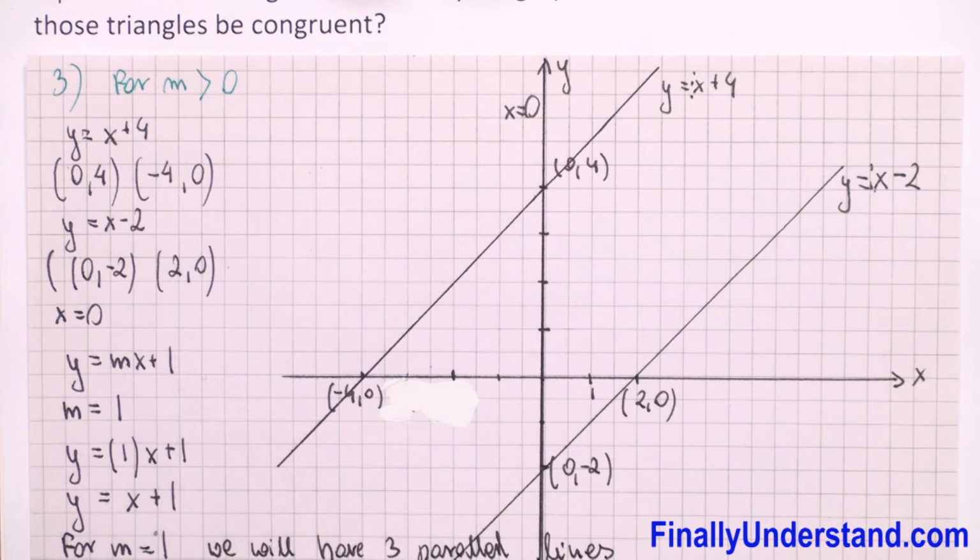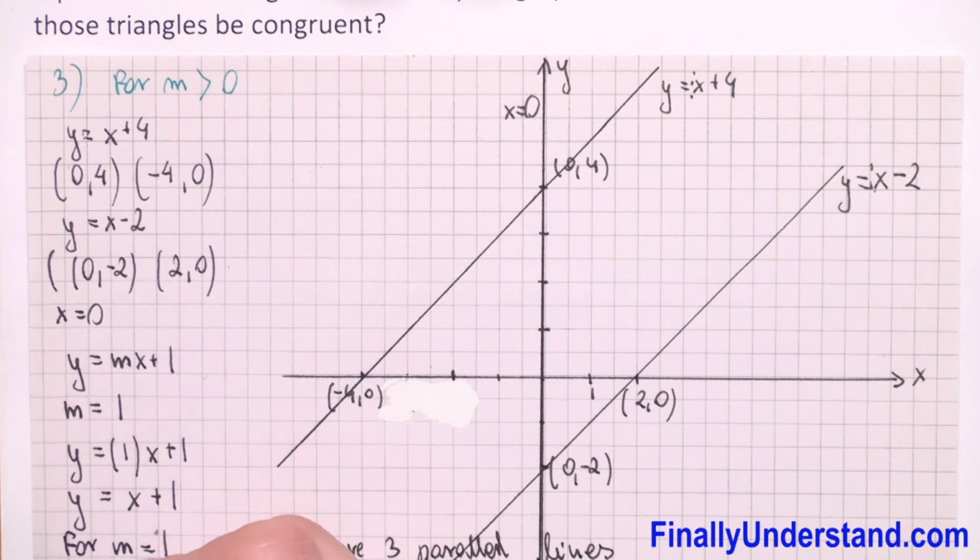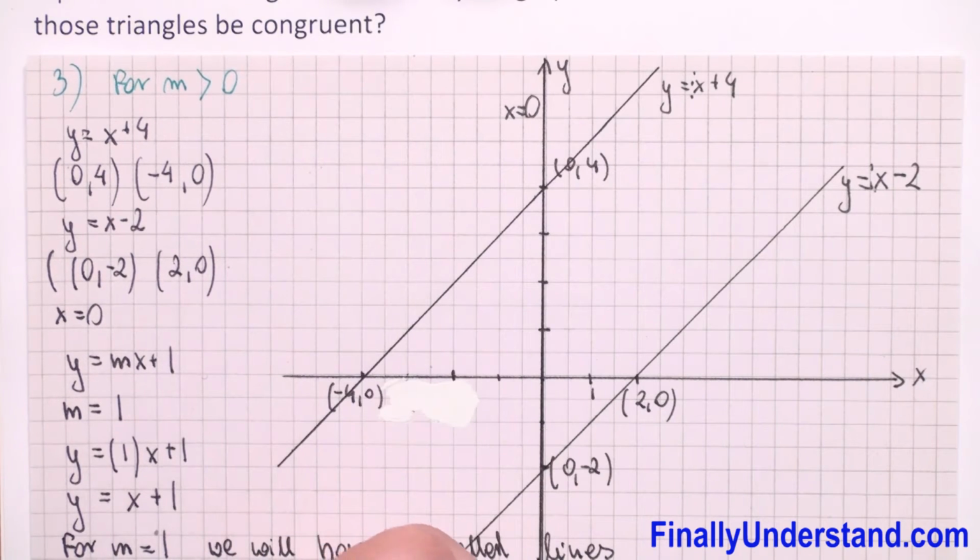So now we will check what will be for m greater than 0 and m different than 1.